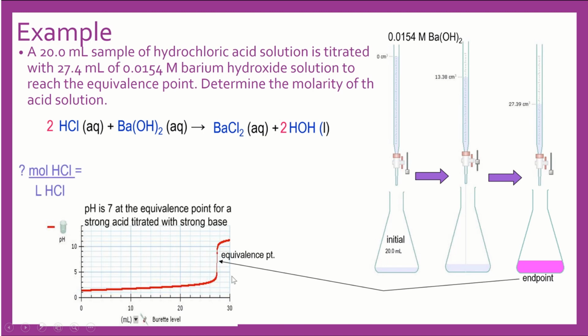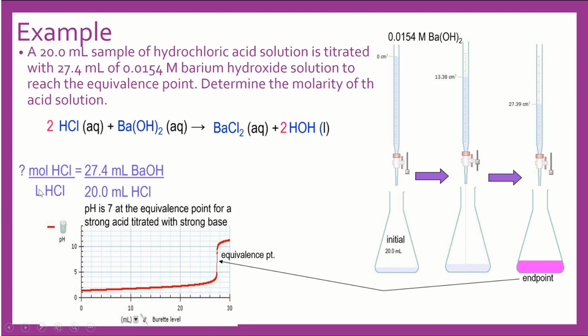All right, so mathematically, here's what we're going to do. Again, we're looking for a concentration, that's a molarity, moles per liter of hydrochloric acid. I'm going to tell you right now, it really, really helps to label HCl, HCl. You're going to get confused. You're going to be working with a lot of different volumes this chapter. Label them, label them.